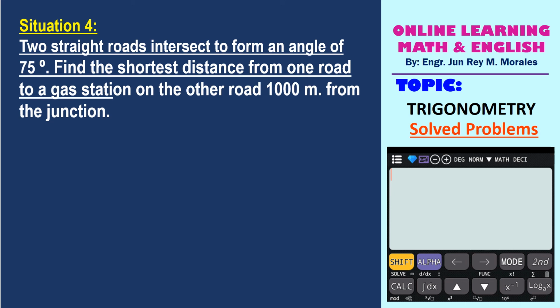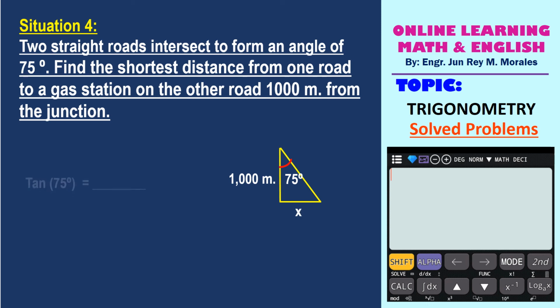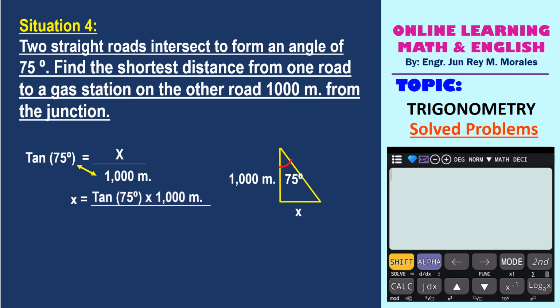Find the shortest distance from one road to a gas station on the other road 1,000 meters from the junction. Using a scientific calculator, we can get the answer.